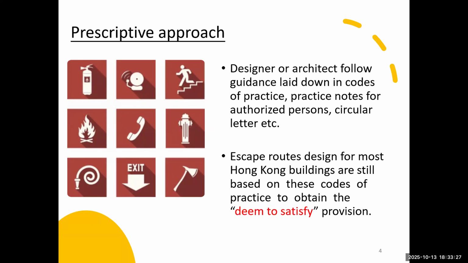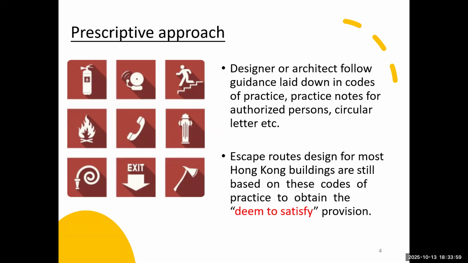They will tell you, for example, exactly how many staircases you need for a building of a given height and area, the precise minimum width of those staircases and corridors, and also the maximum distance that any person should have to travel to reach an exit. So the great advantage of this approach is its clarity and certainty.